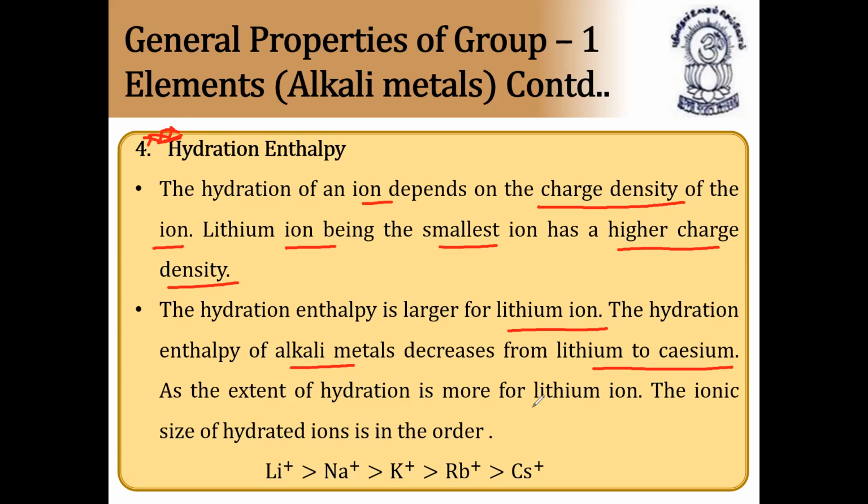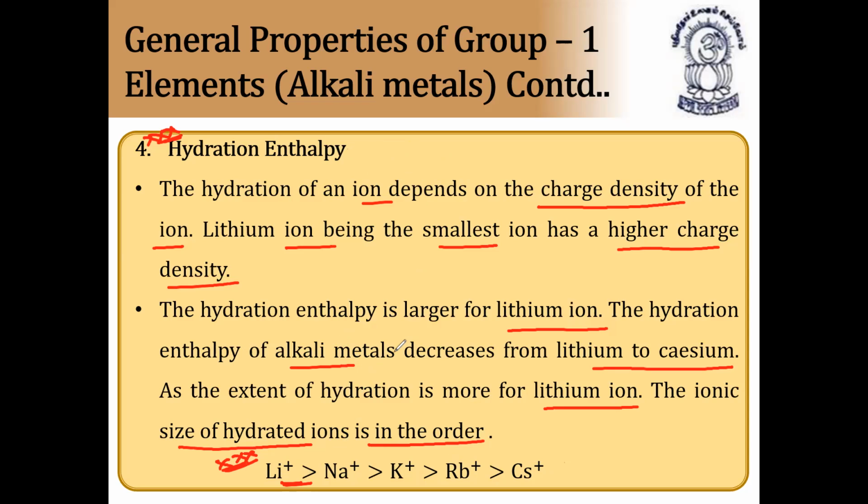As the extent of hydration is more for lithium ion, the ionic size of hydrated ions is in the order lithium ion greater than sodium ion, greater than potassium ion, greater than rubidium ion, greater than cesium ion. So in the entrance examination, they'll ask the orders. Which of the following is the correct order for hydration enthalpy? Which of the following is a right statement for hydration enthalpy? They'll give all theoretical questions from these groups.